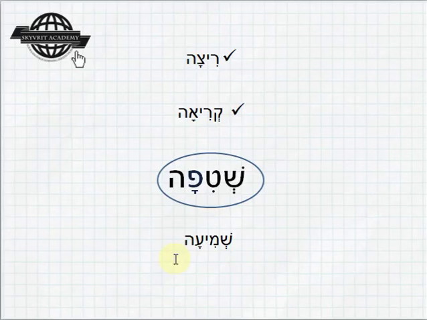We need to get rid of this yud, get rid of this hey, and we need to make sure that we're not dealing with a final letter, ot sofit. Because after getting rid of this, we literally take a look at this final letter. Is it a final letter? Is it ot sofit? Ask yourself, and answer and comment below.